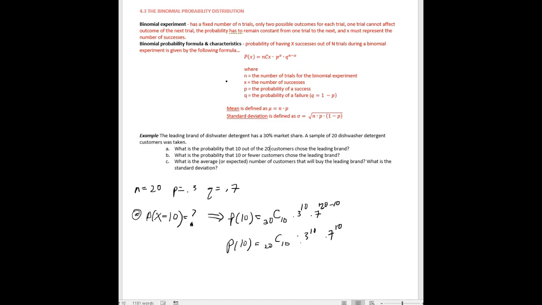So now on a test, if I gave you something where the numbers blew up as much as they're going to in this problem, what I mean is that this choose number gets pretty large, this 0.3 to the 10th gets pretty small, and this 0.7 to the 10th gets fairly small.